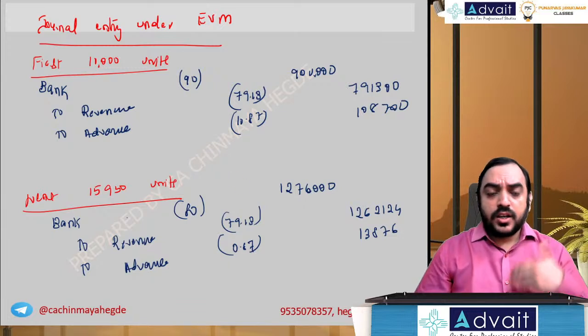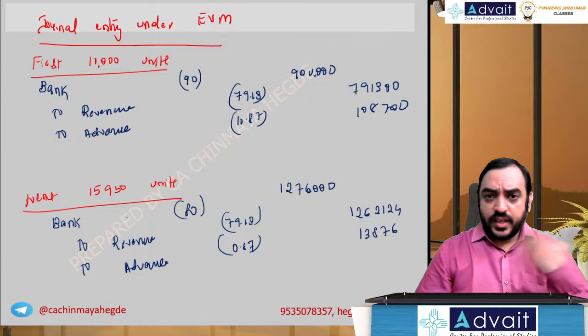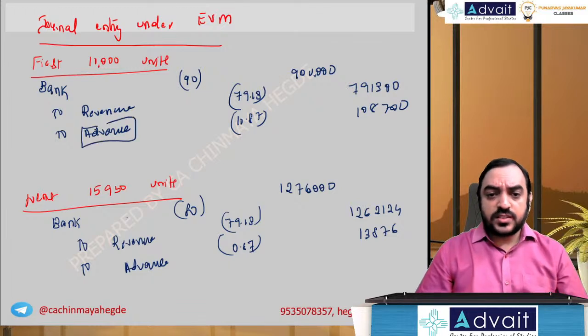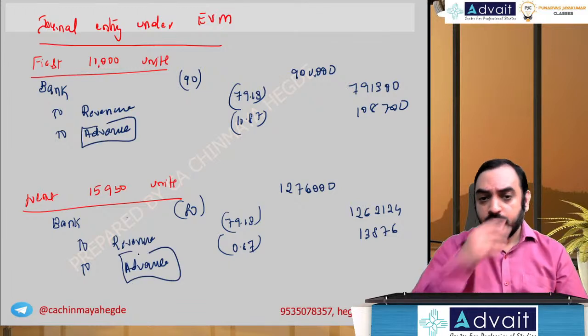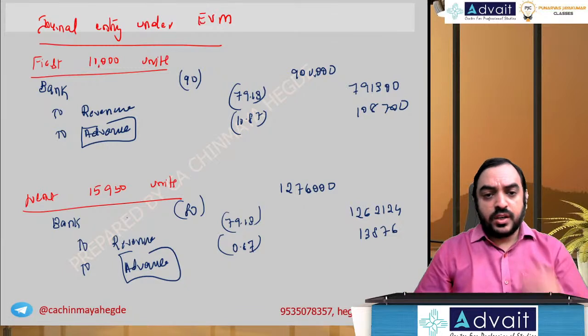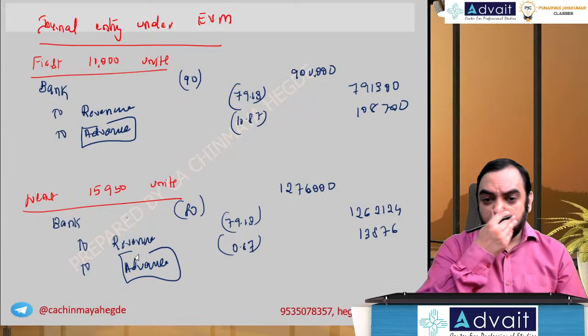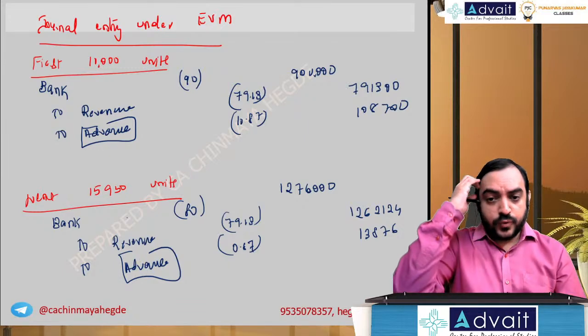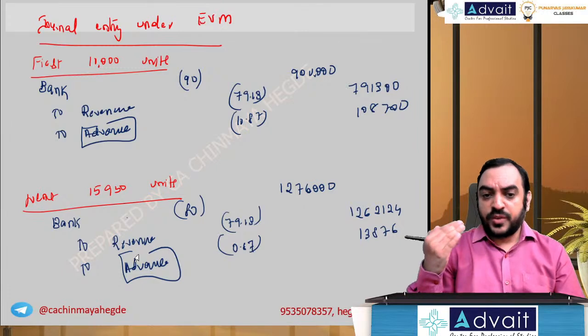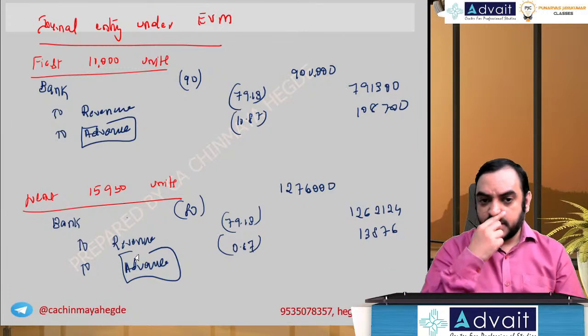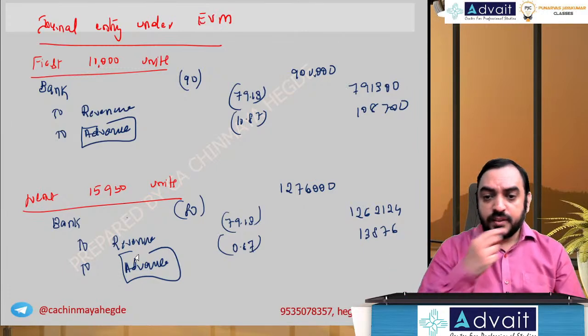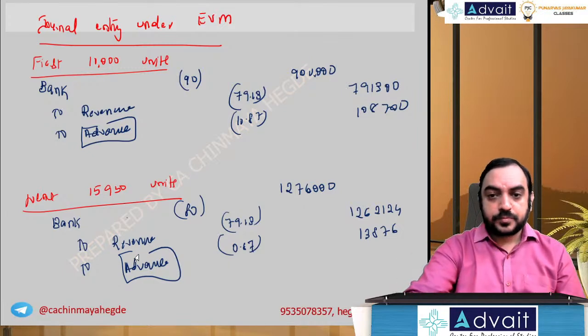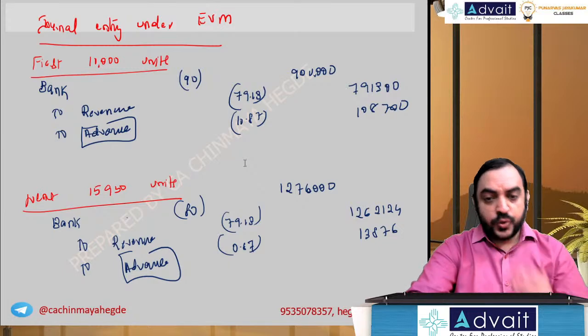Okay. Now at the end of the year, when nothing else happens, these two advance accounts are going to be closed, and you will transfer it to revenue. And how much will be transferred to revenue? The 12 lakh 76 on debit, 12 lakh 62,124 credit, liability credit, and at the end of the year, revenue is going to be the remaining amount.